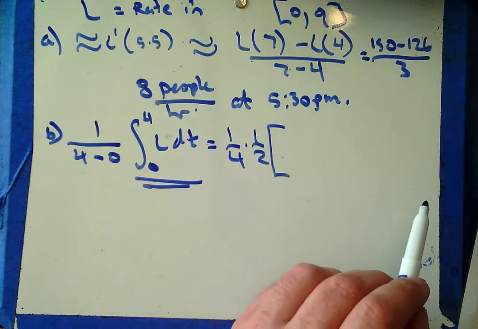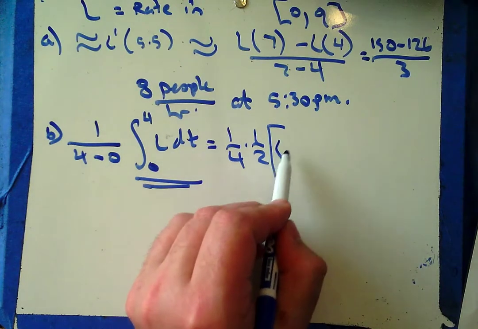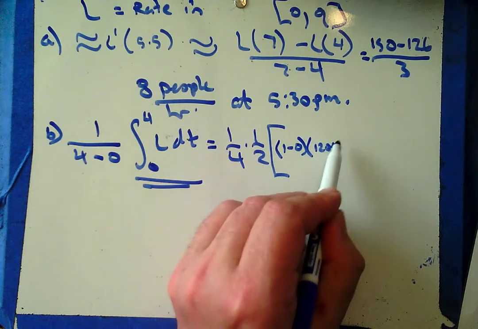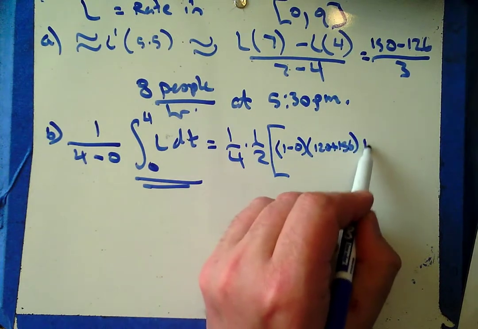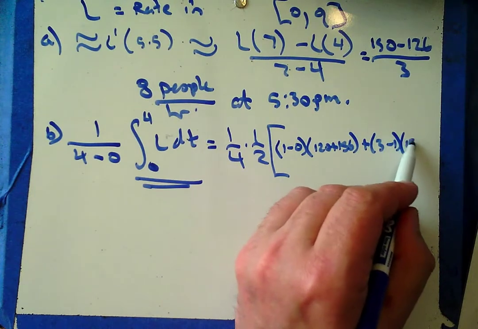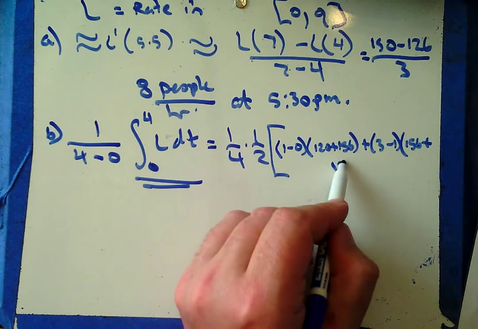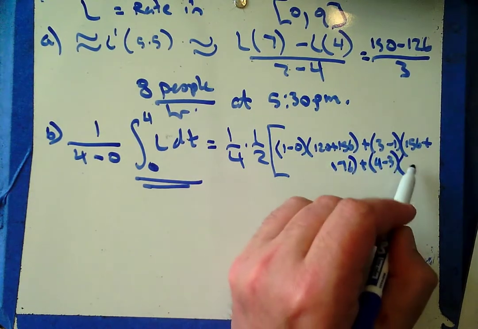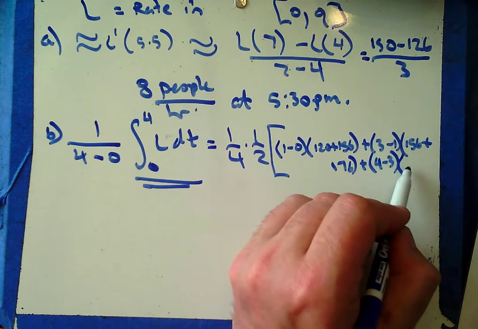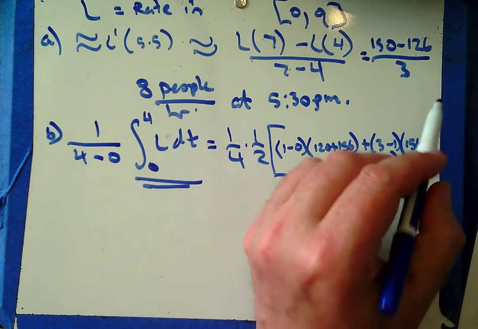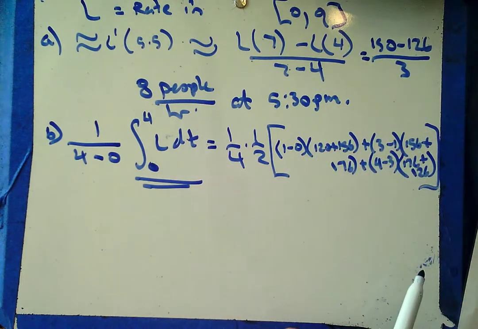And because the subinterval widths are not the same, of course, 1 plus base 1, 120 plus 156, plus 3 minus 1 times 156 plus 176, plus 4 minus 3 times 176 plus 126. Close parentheses, close brackets. And so there's the average value.